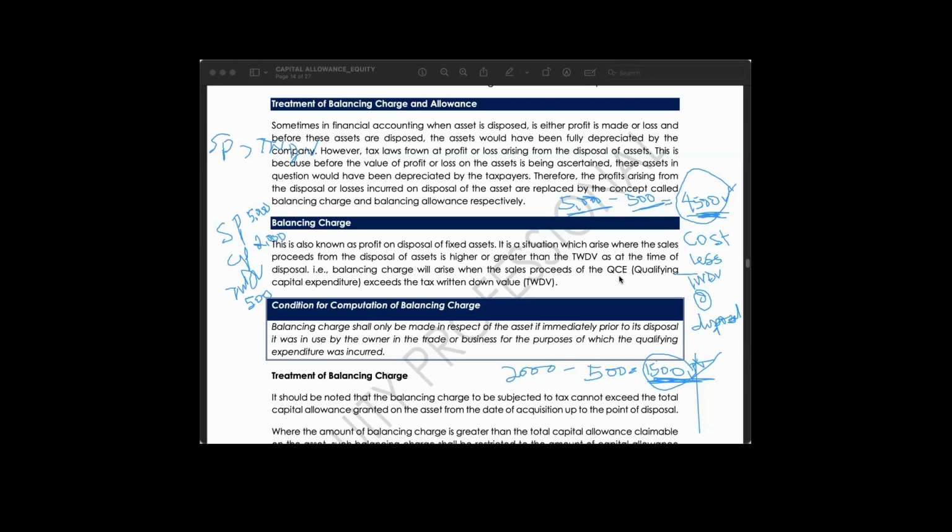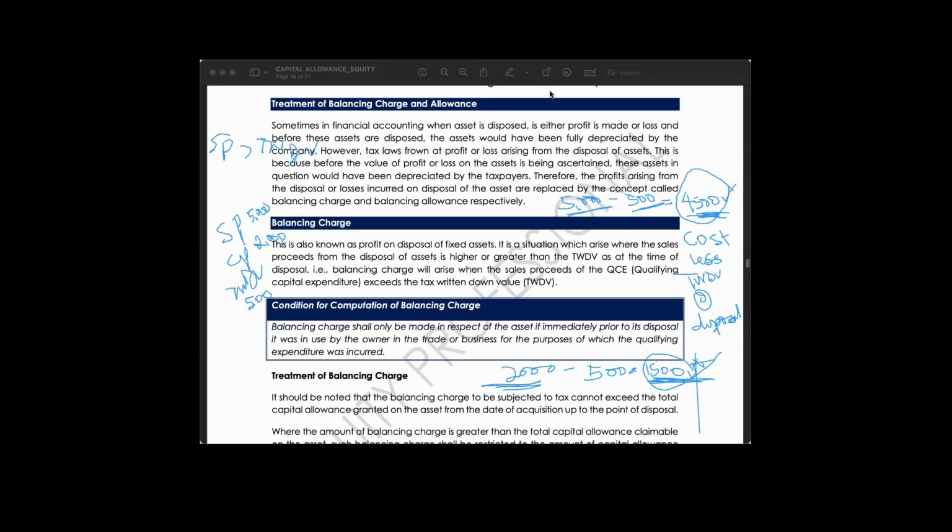What is my total cost according to this question? My total cost, I said it was 2,000. And my allowance is 1.5.